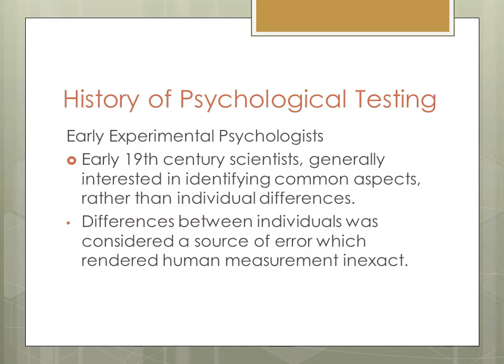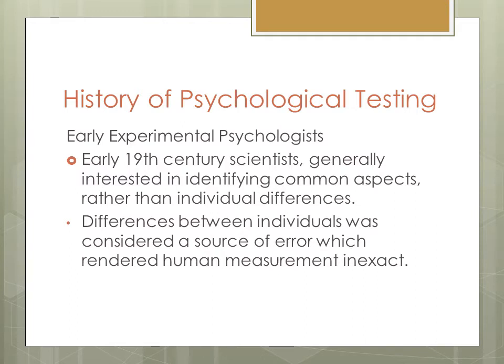The early 19th century scientists were generally interested in identifying common aspects rather than individual differences. Compared to now, people are very much interested in what makes them individually unique. But in the early 19th century, the scientists thought that being unique was actually being different. So they focused more on what is common among individuals.